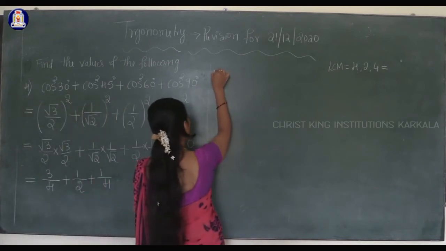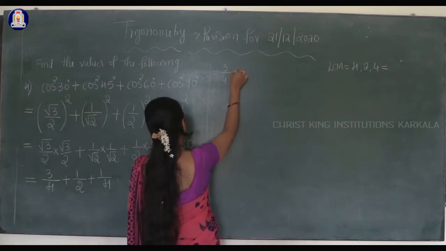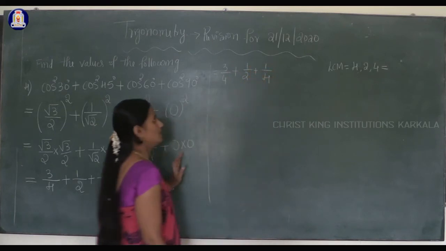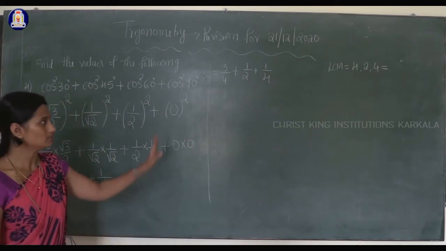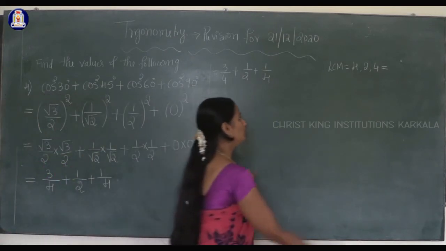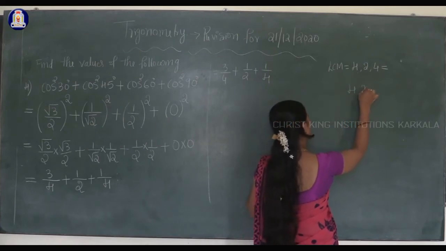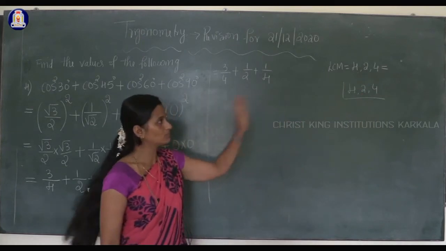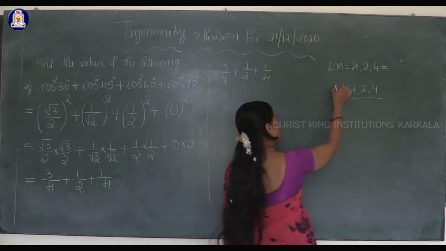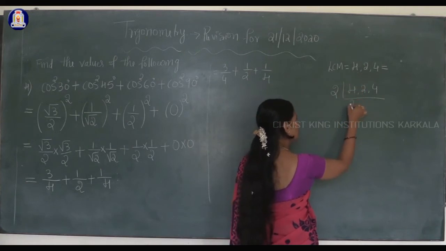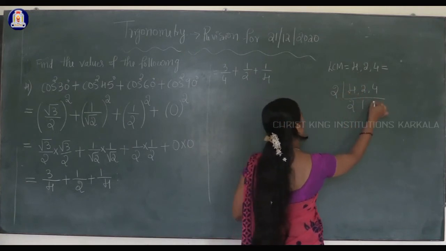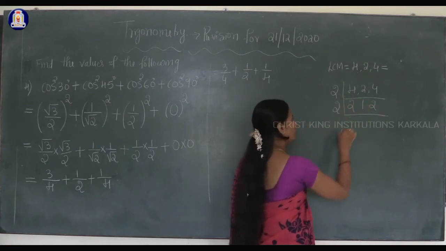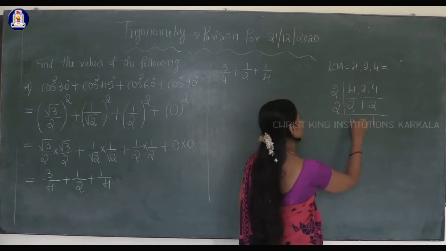I will repeat here again: 3 by 4 plus 1 by 2 plus 1 by 4. Now you have to take the LCM, correct? Because they are different. You studied this in your lower class. What is the common factor for all those three numbers? 2, correct? So 2 2s are 4. Again, for these two numbers, the common factor is 2.